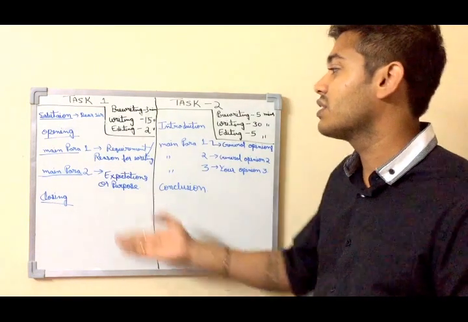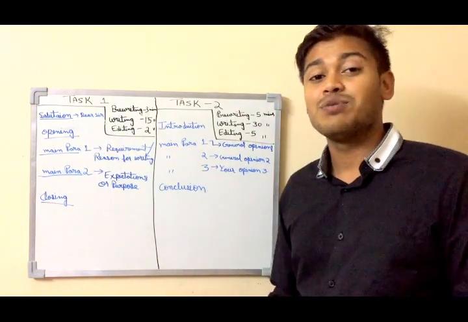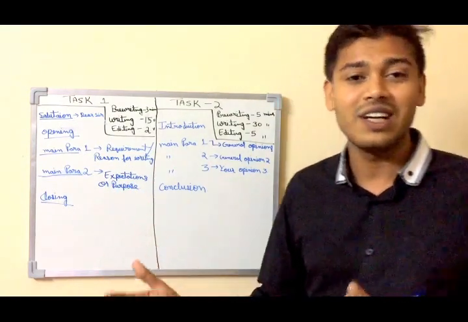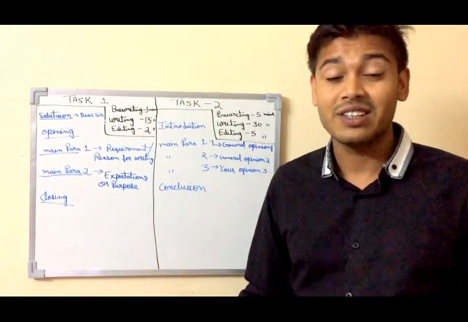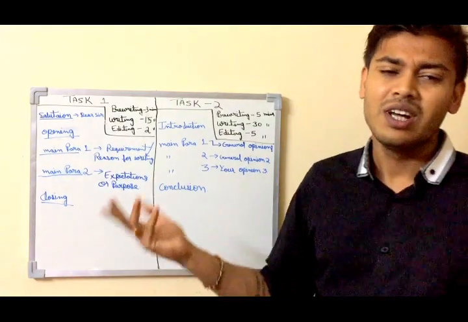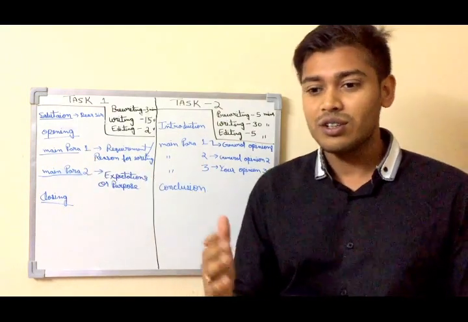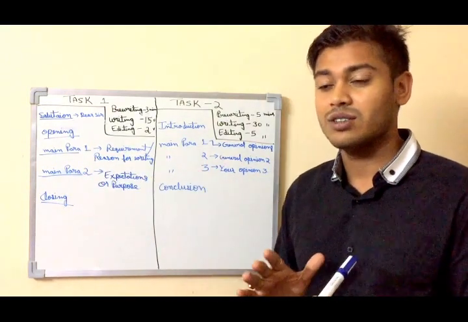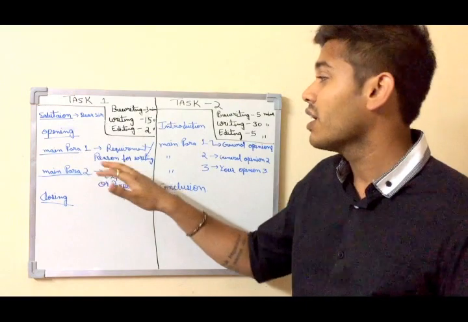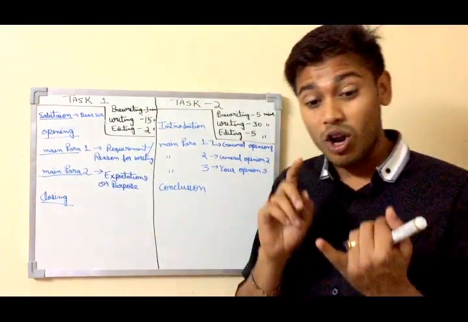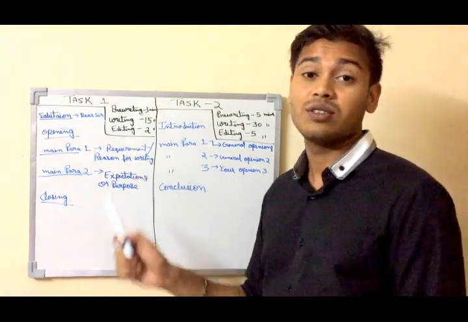While in the case of informal letters, you can write, it has been a long time since we met, so I am writing you this letter, or I received your letter, so I am writing. So you can use so many things in informal letters. You can use informal gestures in the beginning, then you can come to the main para. But the main para always comprises the requirements.